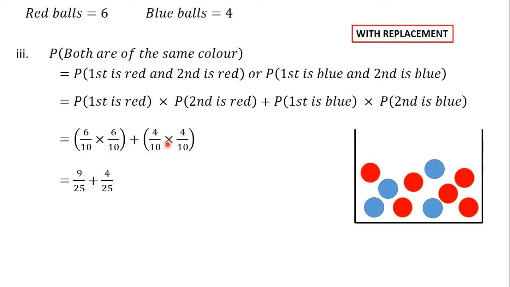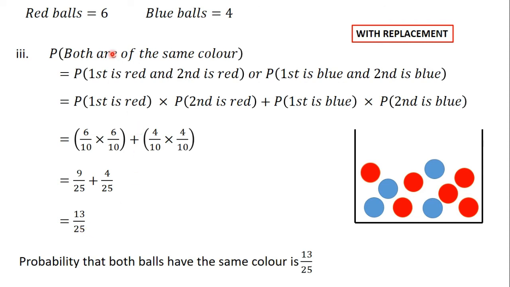When we simplify this, we are going to have 9 divided by 25 plus 4 divided by 25. And this will give us 13 divided by 25. So the probability that both balls are of the same color is 13 divided by 25. This is one way of solving this question.